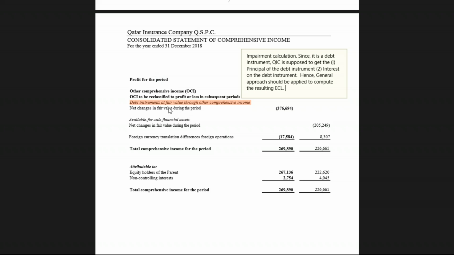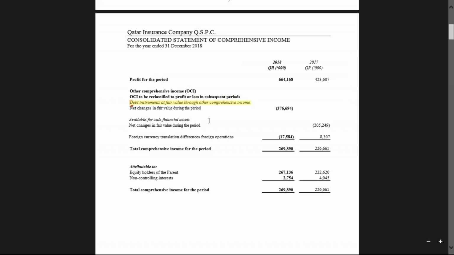So over here, this is one typical asset which is to be evaluated using IFRS 9, the impairment of IFRS 9.